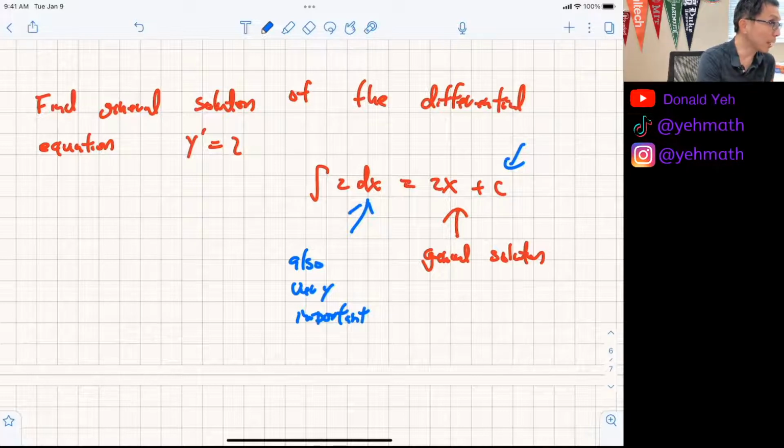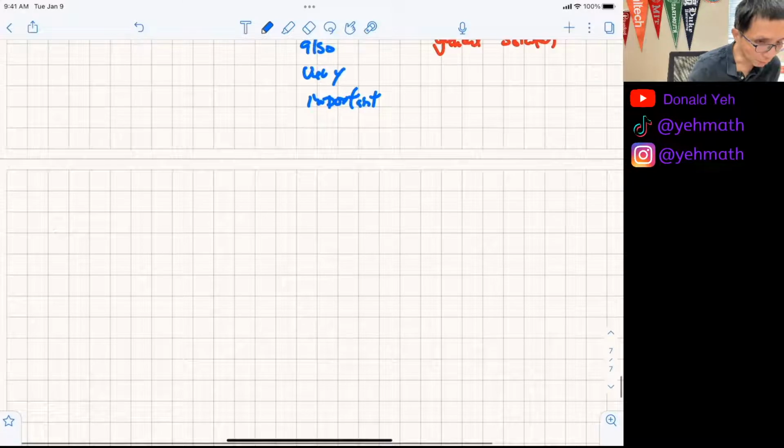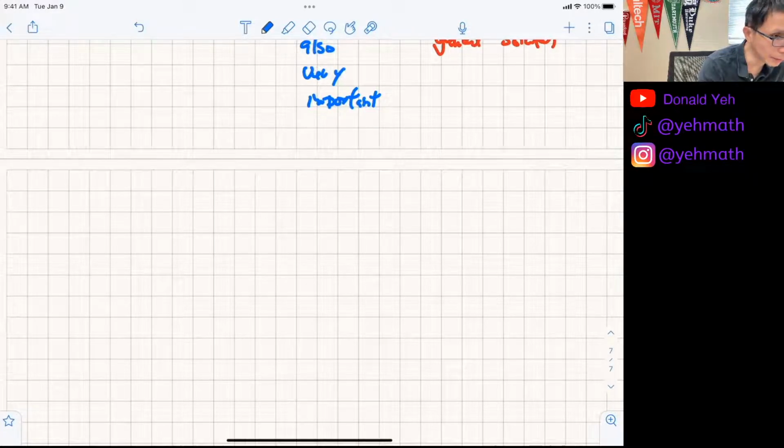In Calc 2 we're going to be converting dx, d theta to du, and all those things are very important. dx is very valuable. But that's Calc 2's problem, not your problem. But it's also going to be your problem later.